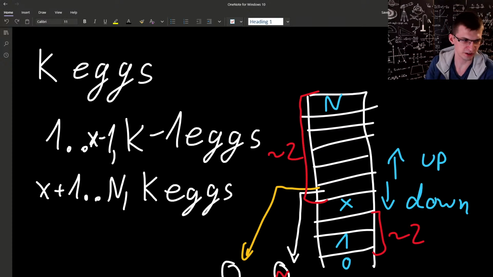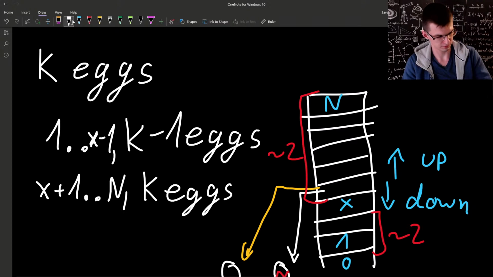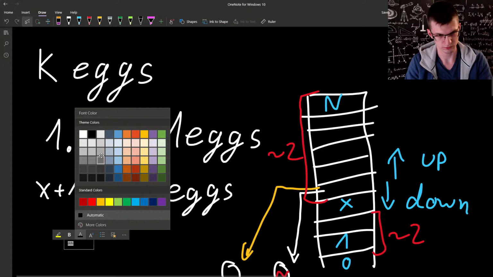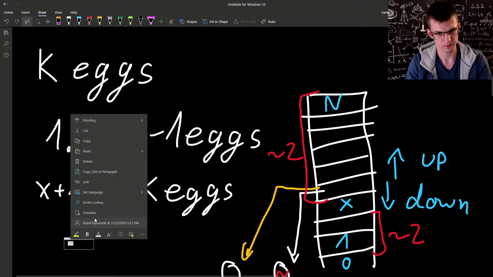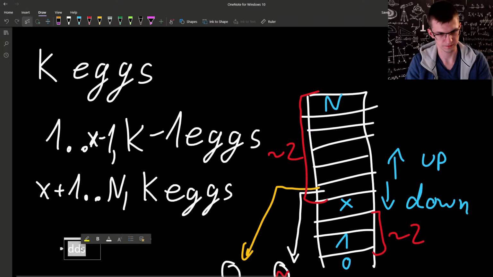And you can do that with iterative or with recursive DP, but the first thing you can try, not the optimal one, is this.